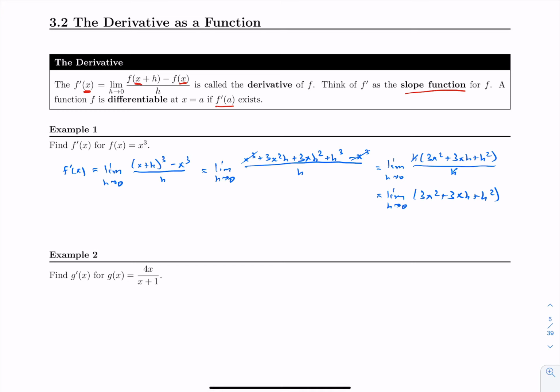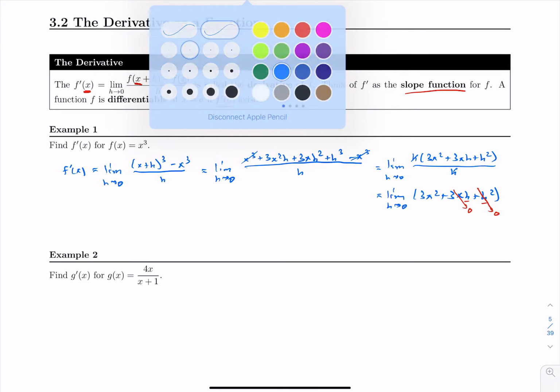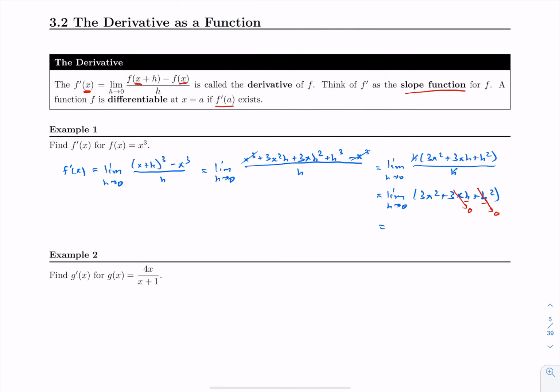And now the easiest part of the problem is actually doing the calculus, the limit part. So as h approaches 0, there's an h here and an h here, so both of these terms approach 0. And so what are we left with? 3x squared is constant with respect to h, and so we just get that.